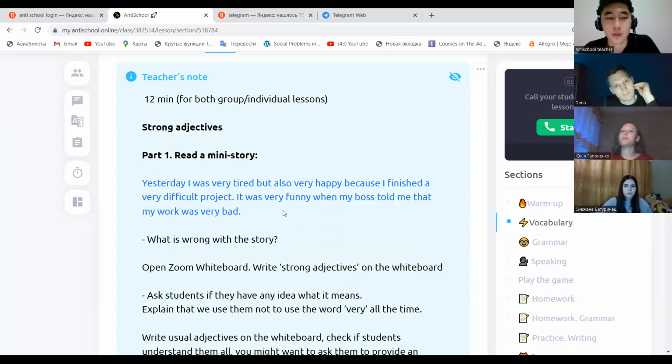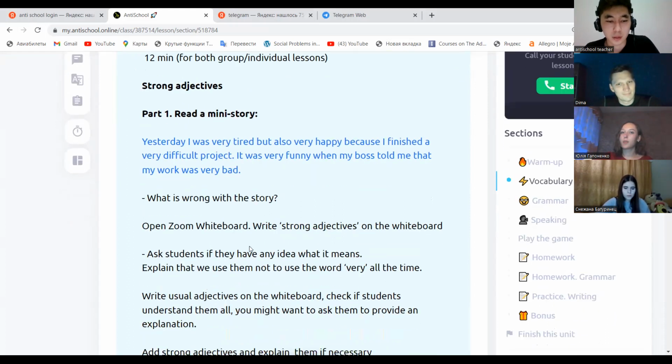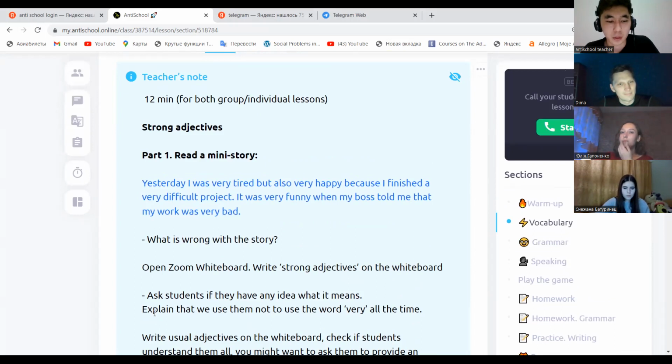Okay, and what is wrong with this story? A lot of the word "very". Yes, "very" is used in every sentence, even two times in one sentence.